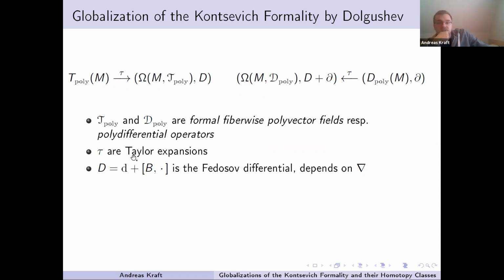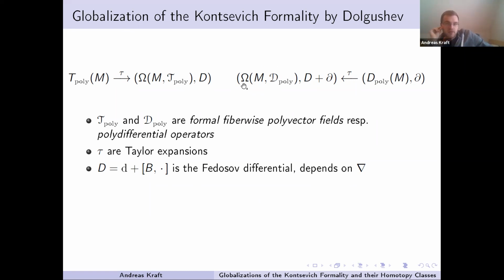And well, the point is that this Fedosov differential here can locally be written as the de Rham differential plus a bracket with some element B. And this element B depends on the choice of a covariant derivative on M. And well, the bracket is here the Schouten bracket, in this case the Gerstenhaber bracket. And so for this globalization of the formality, it somehow is enough to relate these Fedosov resolutions.